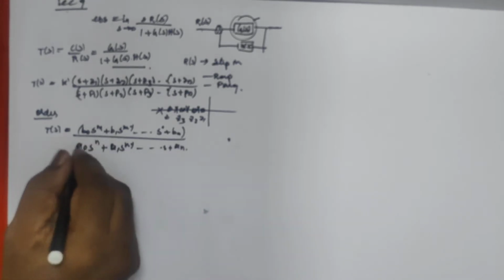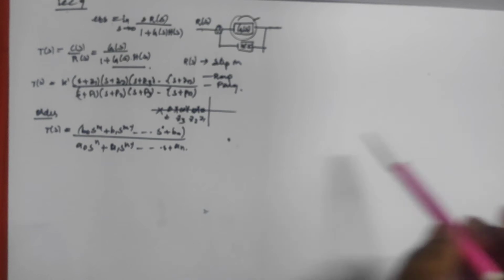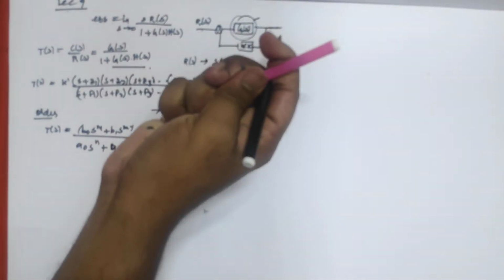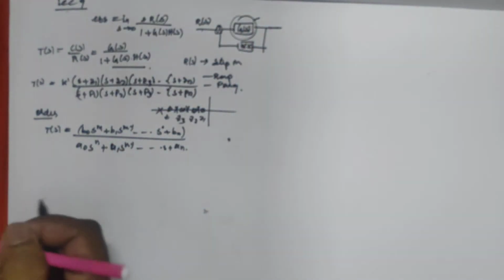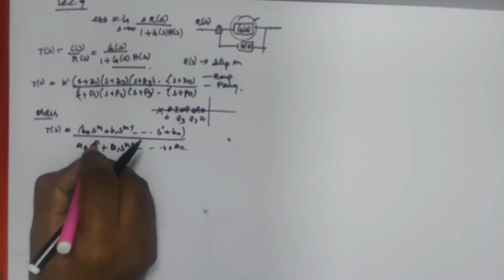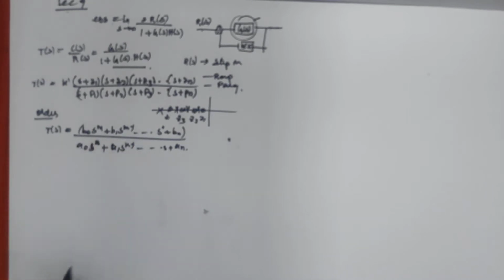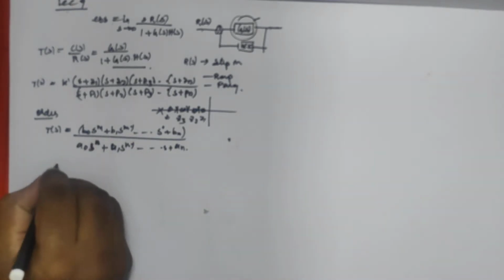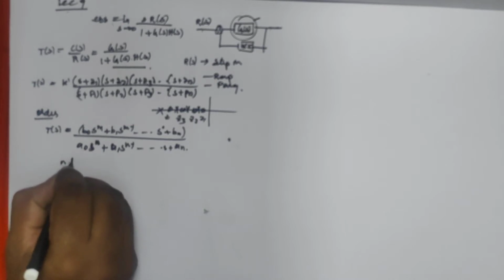Now the order of the system means the exponent, the power of this s term, for this system. So that means the order is nth order.